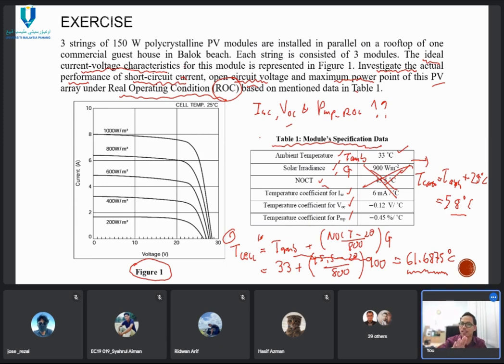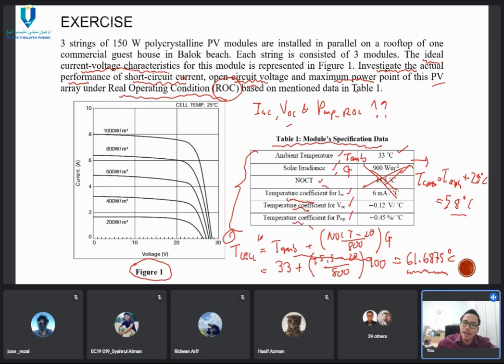This time, we didn't give you the data sheet, which usually gives you the short circuit current, open circuit voltage, and maximum power point. But this time, purposely, that information is not included in this table. The given value is only the temperature coefficient.